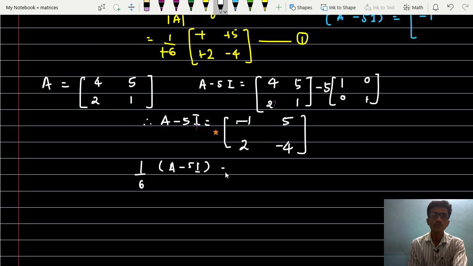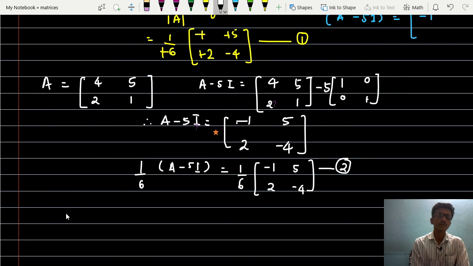It is equal to 1 upon 6 into minus 1, 5, 2 and minus 4. This is equation 2. So from equation 1 and 2 we can say here A inverse is equal to, therefore we have shown here A inverse is equal to 1 upon 6 into A minus 5I.